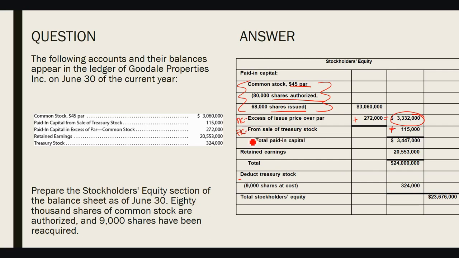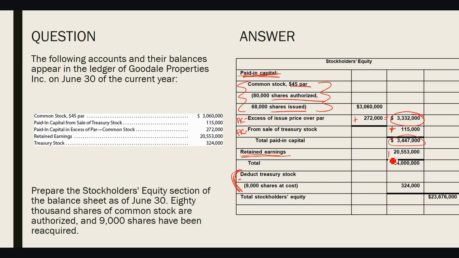So those paid in capital accounts are listed underneath the paid in capital heading. Then we have retained earnings, and then anything that net reduces the stockholders' equity is listed last. So we add that together, and that's our total paid in capital.